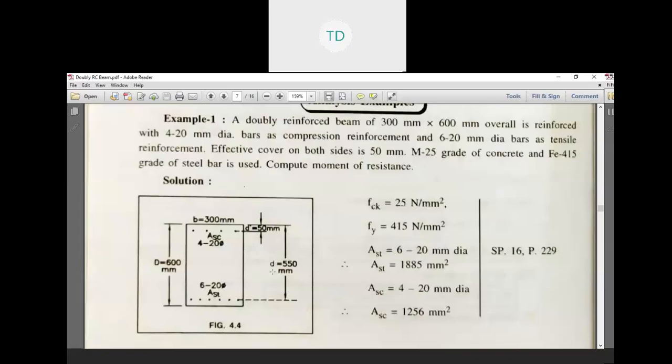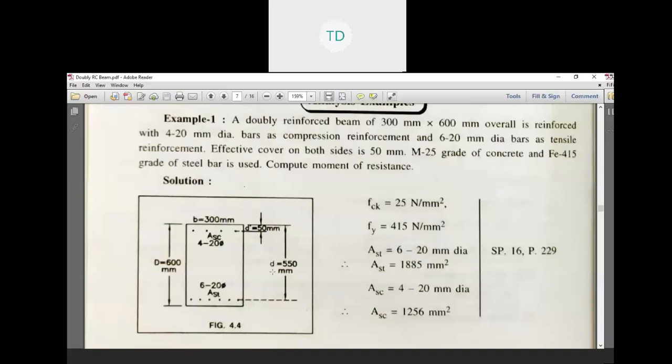From the problem, we first do our job as a drawing. B is equal to 300, D is equal to 600, cover d dash is equal to 50, lower cover e is equal to 50. It is not given in the figure, but still we add it.